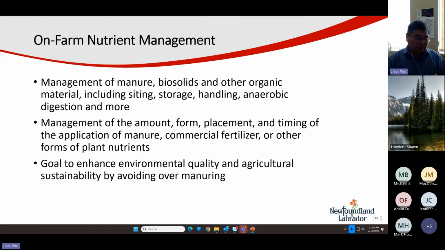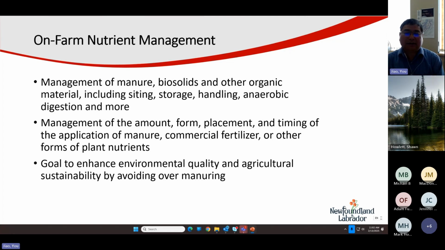So let me put it simply. When we talk about soil fertility, the major goal is to increase the soil nutrients, to increase the soil fertility, and to meet the crop requirement and enhance the nutrient availability to the crop.